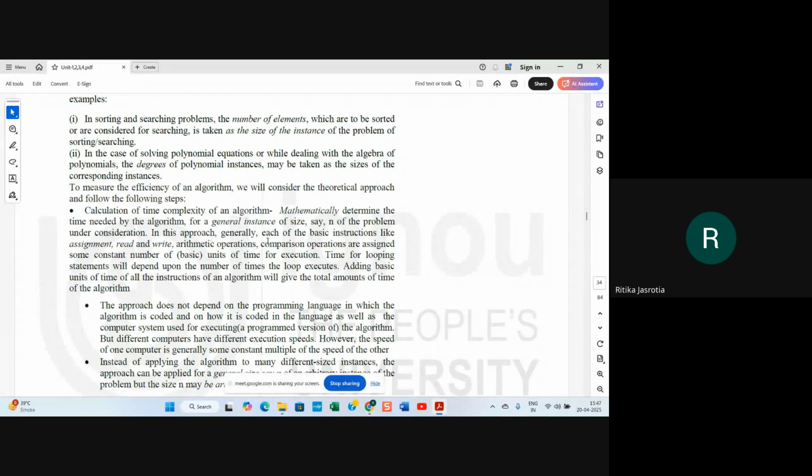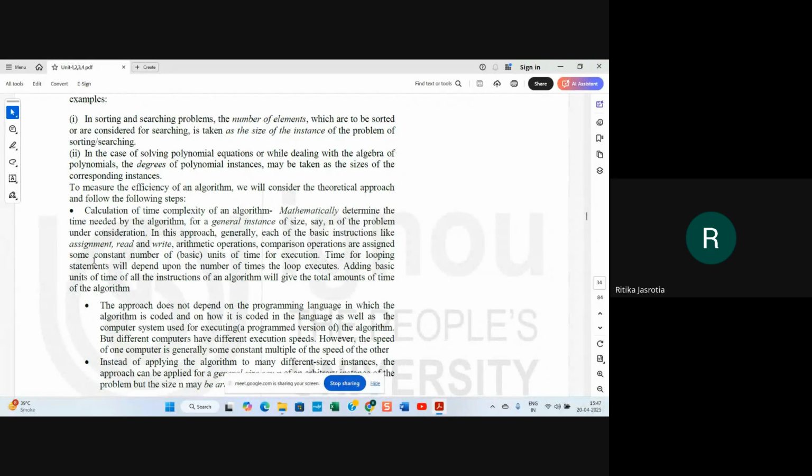In this approach, generally, each of the basic instructions like assignment, read and write, arithmetic operations, comparison operations are assigned some constant number of units of time for execution, right? So suppose you have made a program, and you have assigned some values, read or written, done arithmetic operations, done comparisons in your program. All are given some constant unit of time for execution.